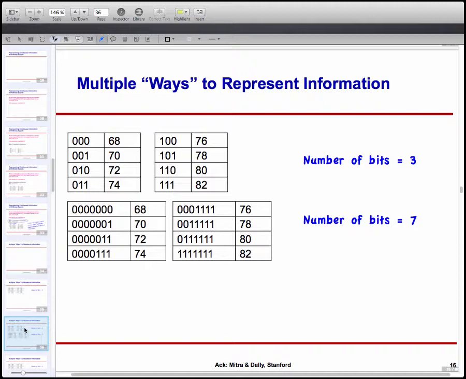So it has some intriguing property also. Now, 7 is more than the minimum number needed. So this is what is called a redundant coding. I have more bits than what were truly essential, because I'm using more bits than necessary.